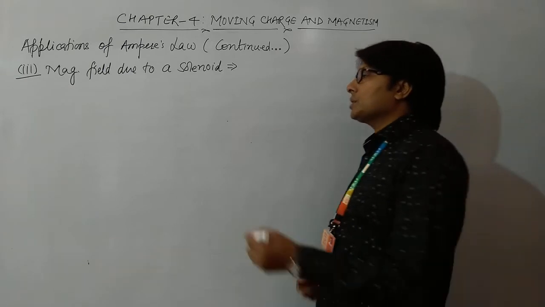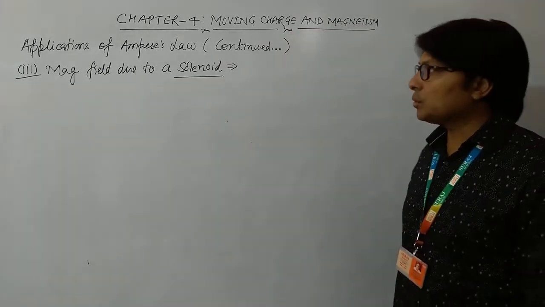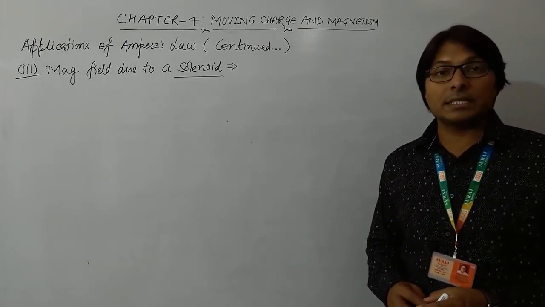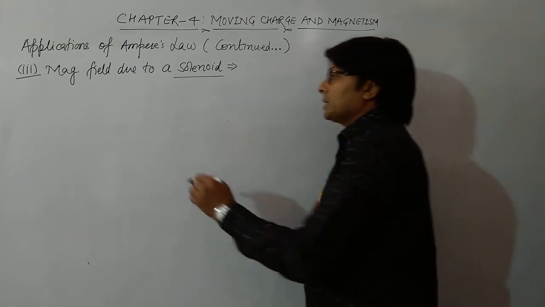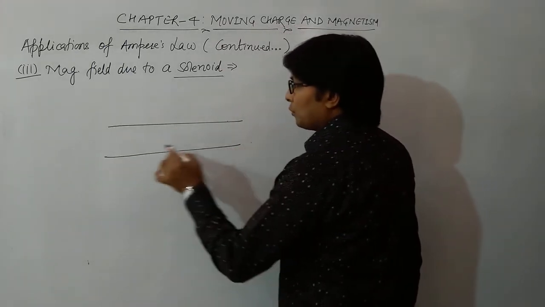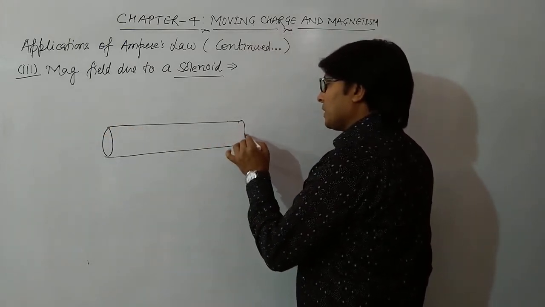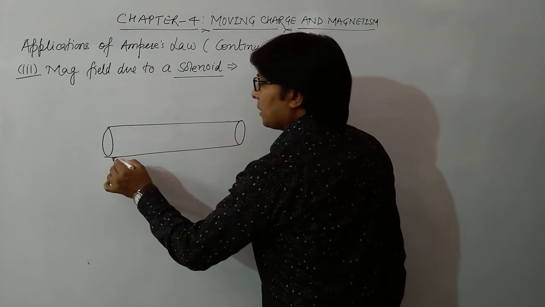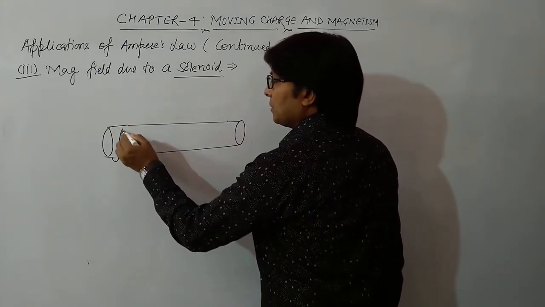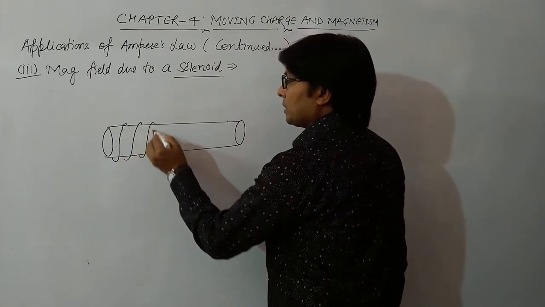So the first question that comes to our mind is, what is a solenoid? You must have heard about the solenoid in class 10th also. A solenoid is a hollow cylindrical structure on which conducting wires like copper wires are wound along its length. Such a structure we term a solenoid.